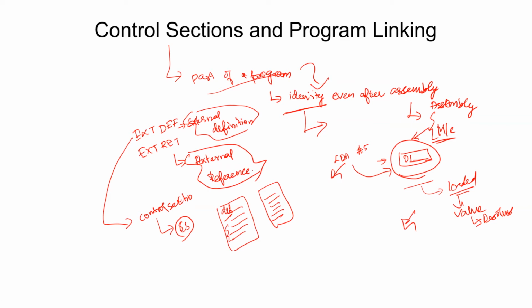This will be defined here, but it will be used in some other control section. External definition means I have some symbols which are defined here but used somewhere else. External reference means symbols that are used here but defined somewhere else. But external definition means those are defined here and used in some other control section.